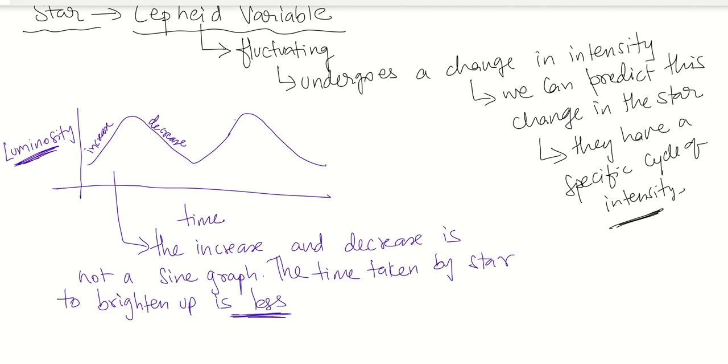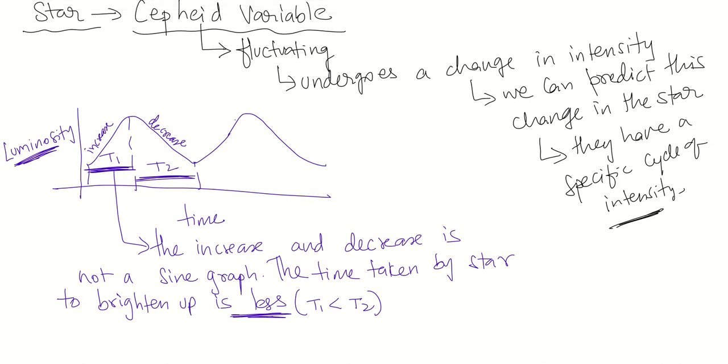See, it's very less. So if you look at this time t1, and if you look at this one as your t2, you will see that t1 is less than t2. That's a very interesting characteristic of the Cepheid variables.